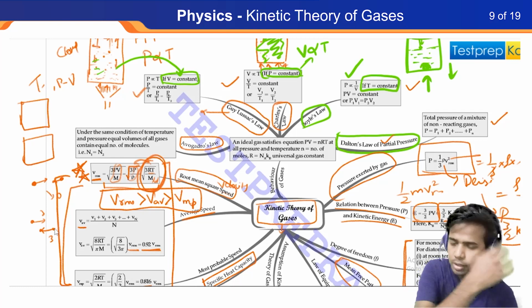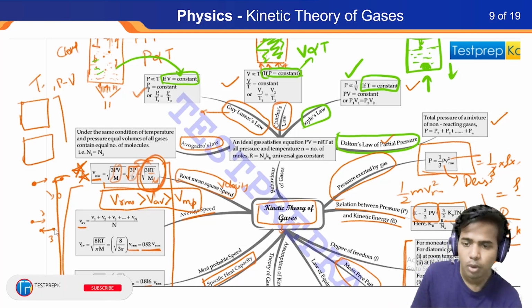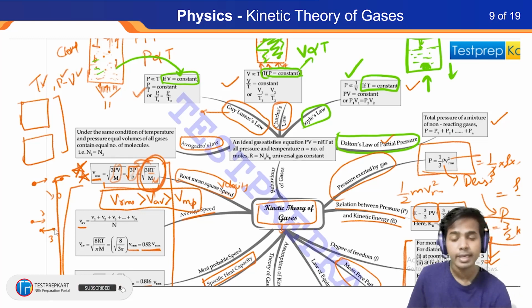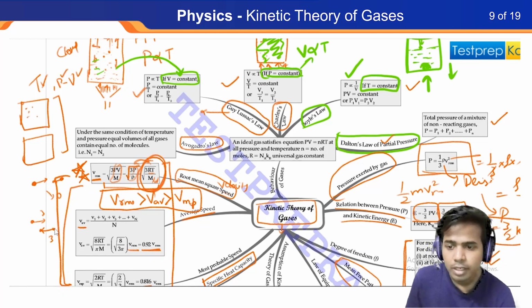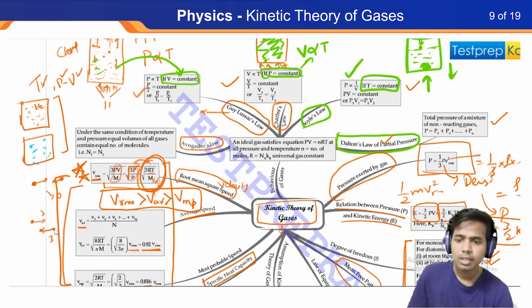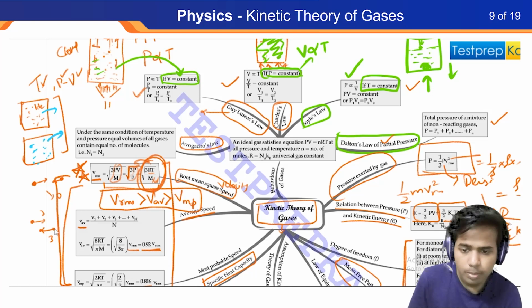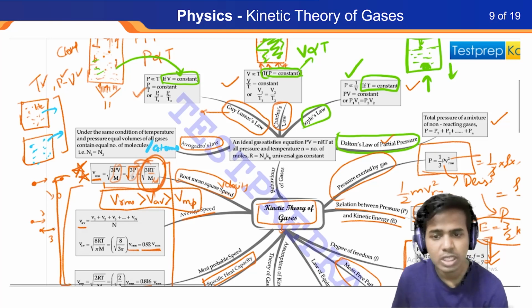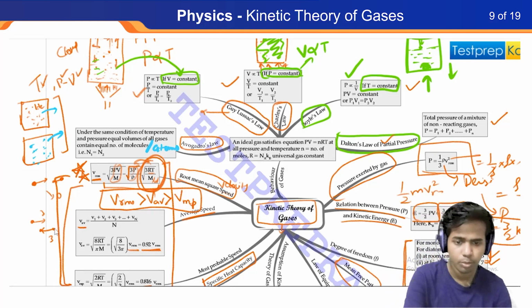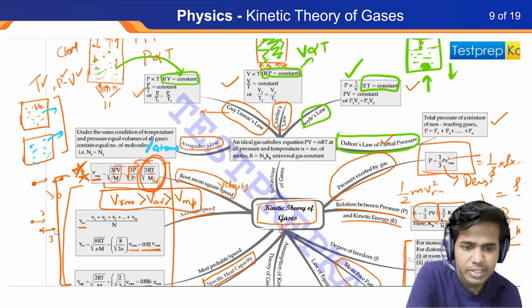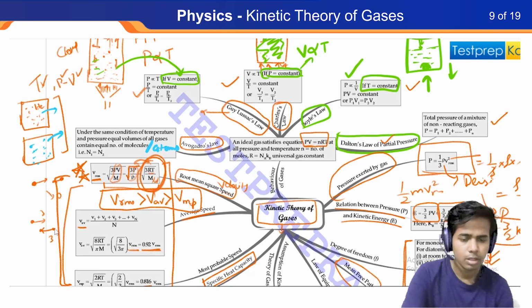So if for these two boxes temperature, pressure, and volume are exactly the same, even if they have different atoms, for example this has helium and this has oxygen, then the number of molecules in the oxygen must be equal to the number of atoms of helium. This is even applicable to the noble gases, which are usually single atomic. And there is this PV is equal to nRT that you must be familiar with, the ideal gas equation.